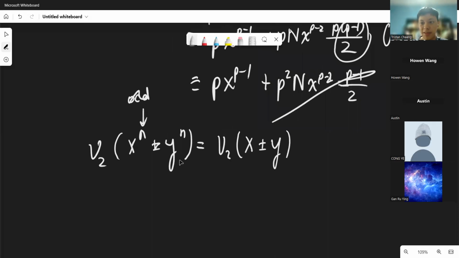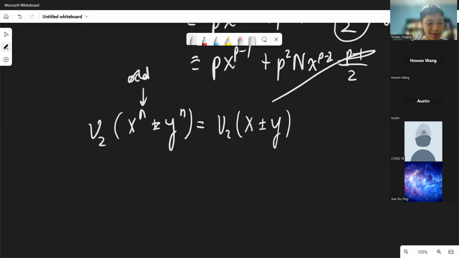Again, this is a very simple case. You just factorize it and then prove that the other junk is an odd number and hence the V2 is 0. So let's look at theorem 4 instead. That's more important.